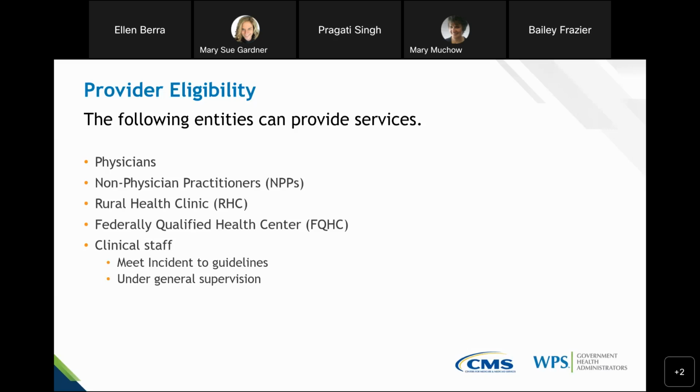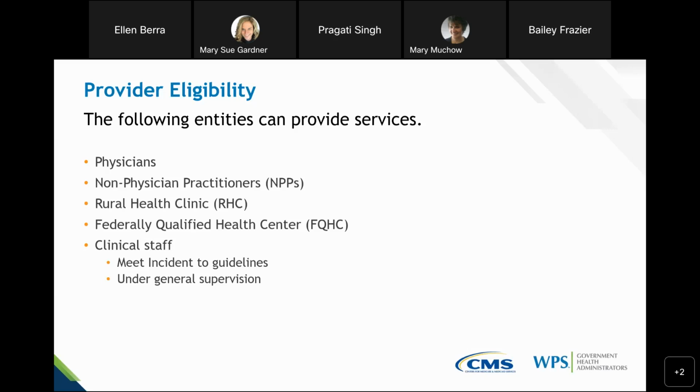Again, as we mentioned, these are generally provided by your clinical staff under the Incident 2 guidelines. Now, there's a lot to Incident 2 guidelines, but what we're basically talking about is that there's an employment relationship between that clinical staff and the billing practitioner. So this can be a W-2 direct employee of either the physician or the non-physician practitioner or that entity.